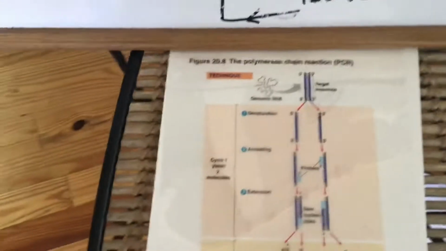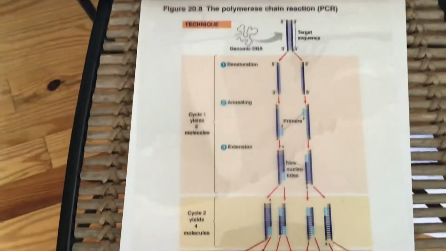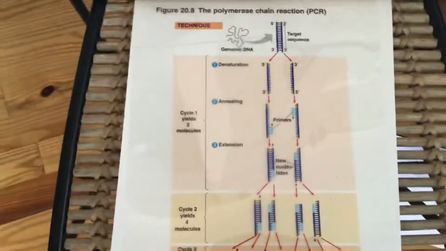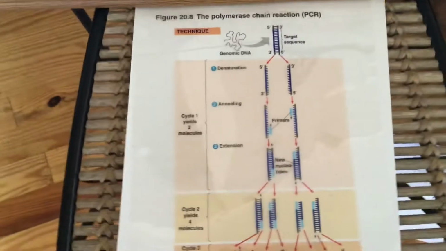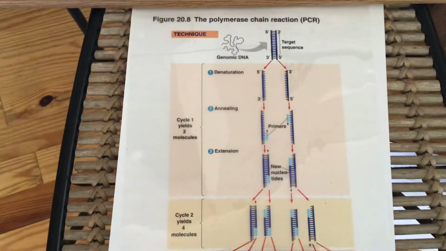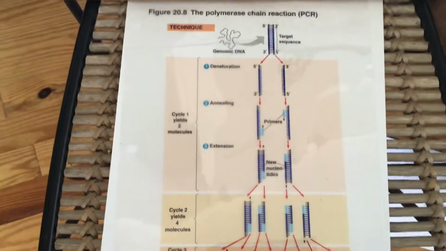We want to talk about how you do PCR. Okay, so PCR, or polymerase chain reaction, is basically where I take a piece of DNA that I want. So let's say it's a gene that I particularly want.